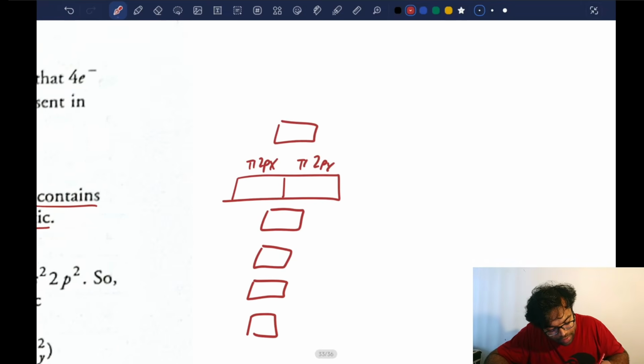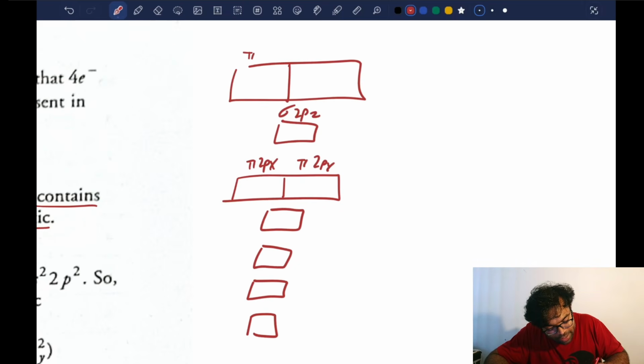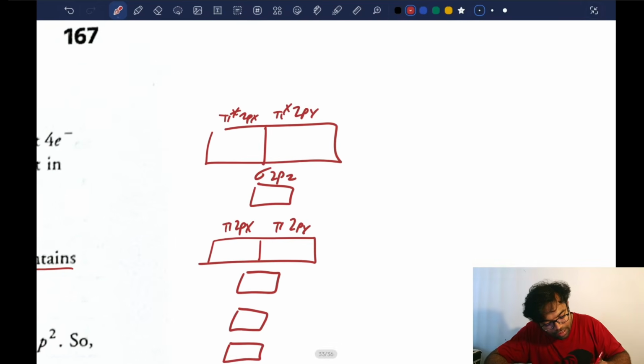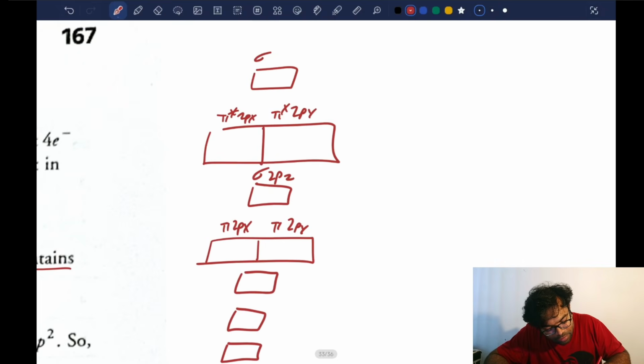Then you have sigma 2pz. Then you have pi star 2px, pi star 2py. Then you have again sigma star 2pz.